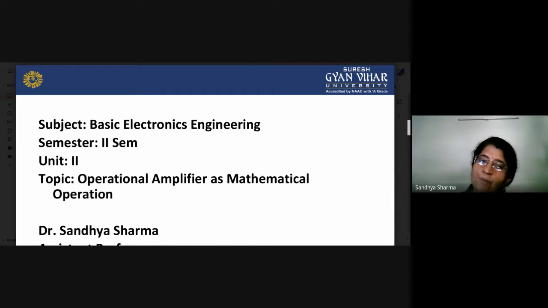If we opt for the closed loop operational amplifier, how can we increase the gain of the amplifier?